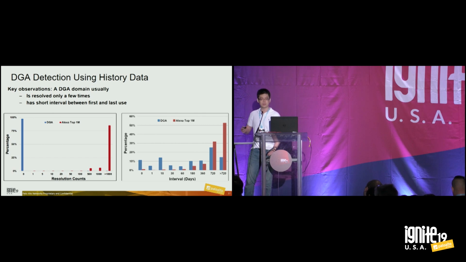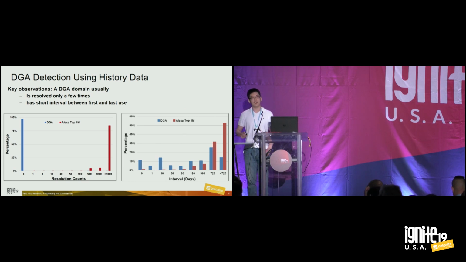By successfully resolved, I mean a valid IP address is returned for the domain. From the left figure, we can see that over 90% of DGA domains are never successfully resolved. However, for the benign domains, about 80% are successfully resolved over 1,000 times.